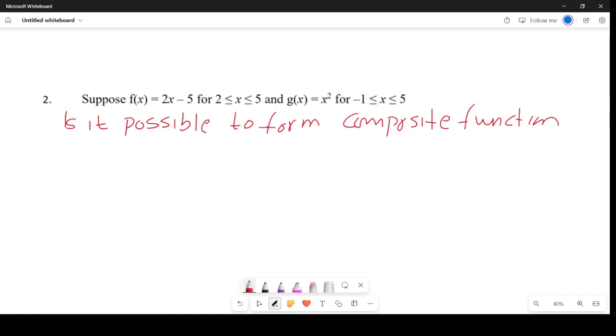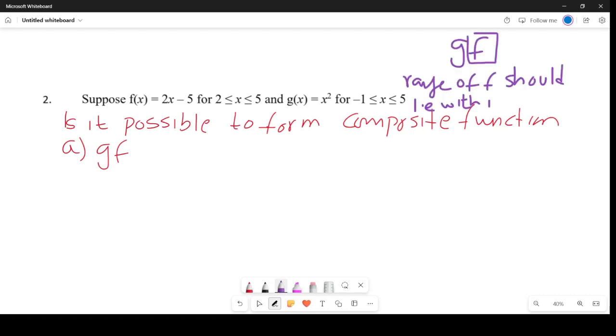When is it possible to form a composite function gf? When the range of f should lie within the domain of g.